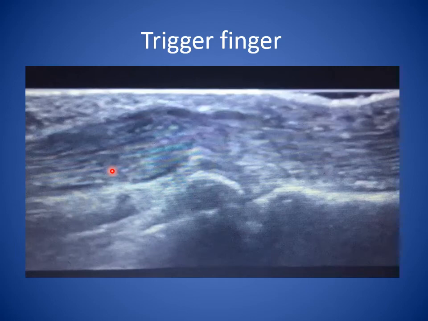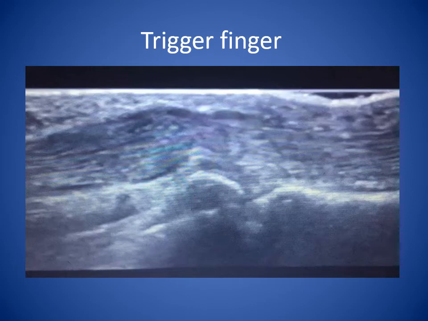This is an example of a trigger finger, where we notice that there is a mild decreased thickness of the pulley. This is the thickness of the tendon, which is seen narrowed as it passes under the pulley.